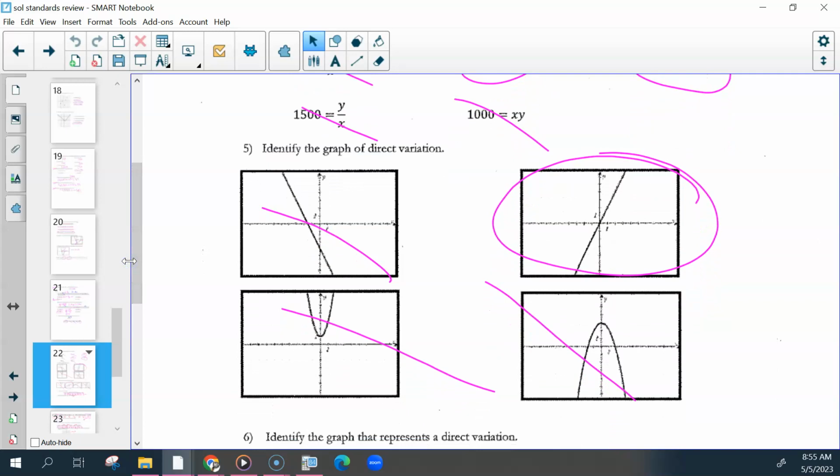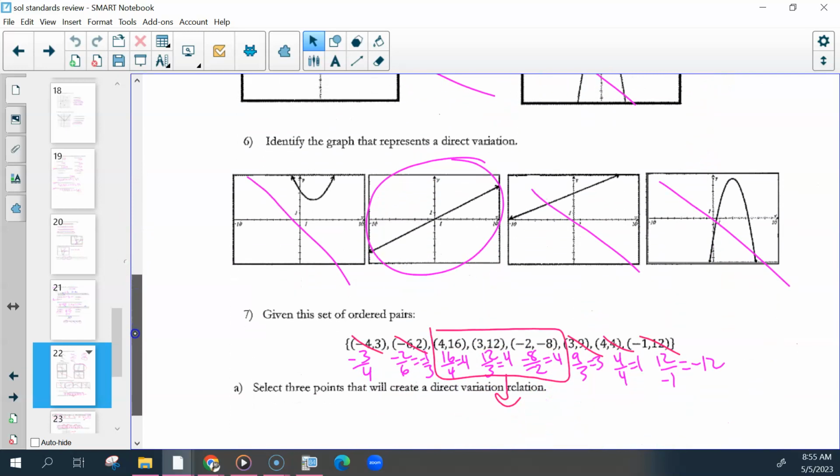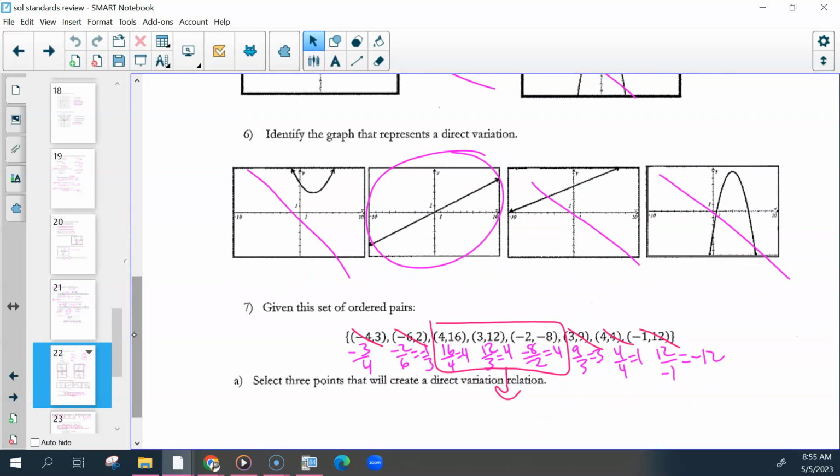The graph that is a direct variation is this one, it's a line that goes to the origin. 6, same thing, a line that goes to the origin.